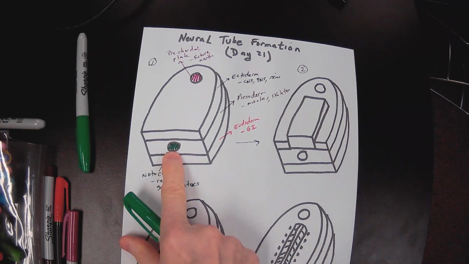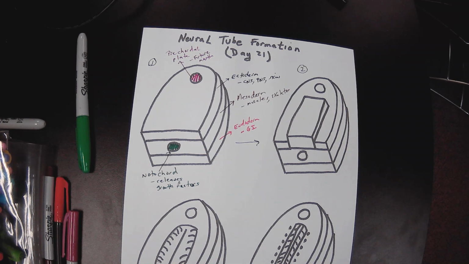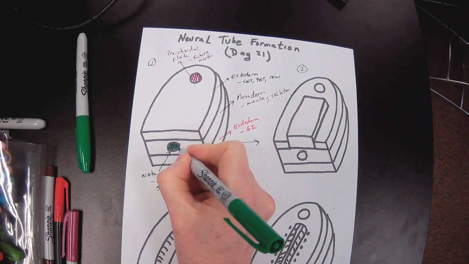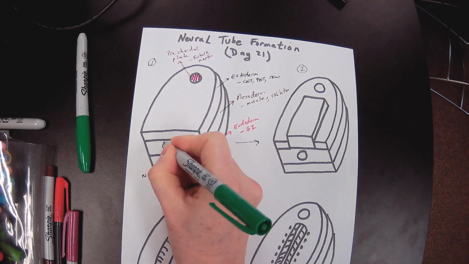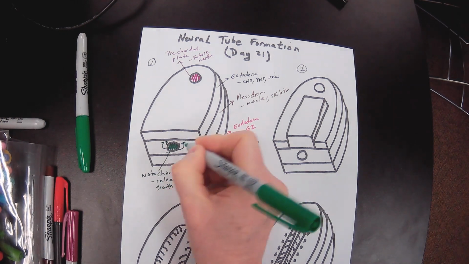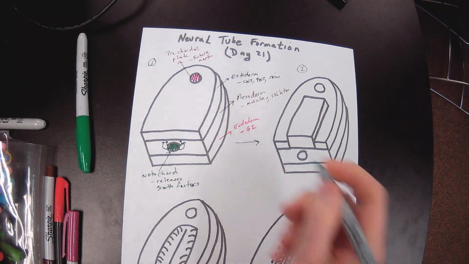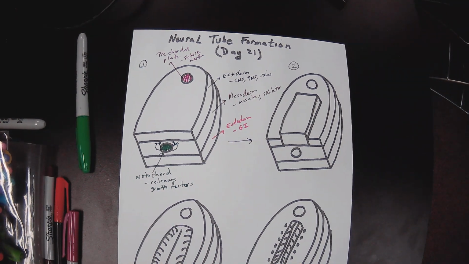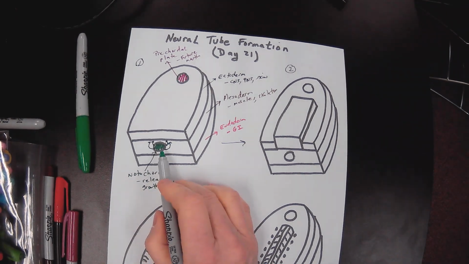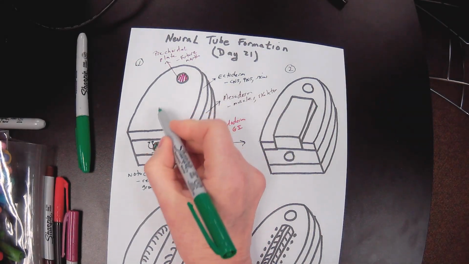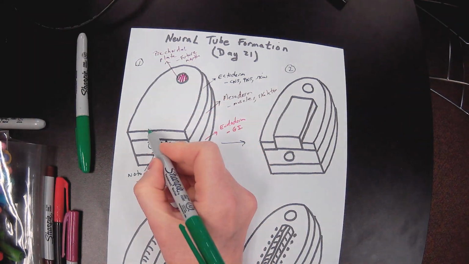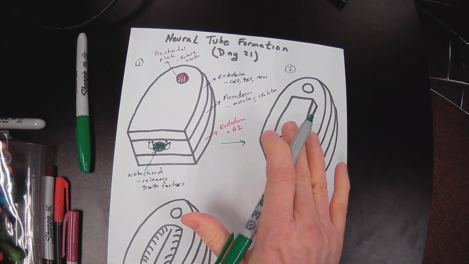Okay. So the notochord releases growth factors, and they migrate upward to the area of the ectoderm. And when they do that, this area right here in the ectoderm starts to grow.